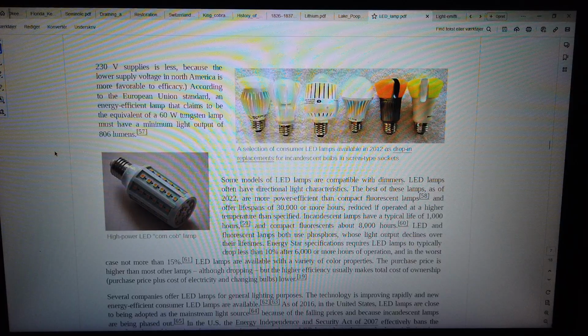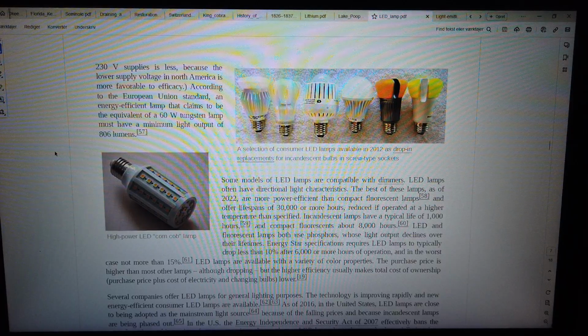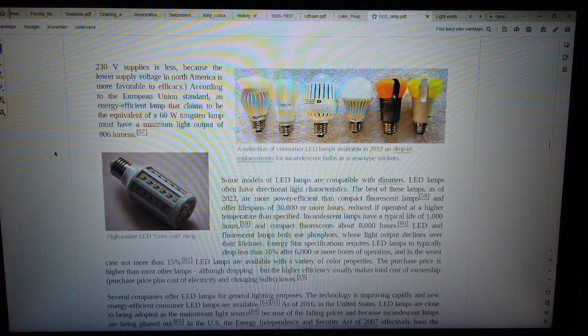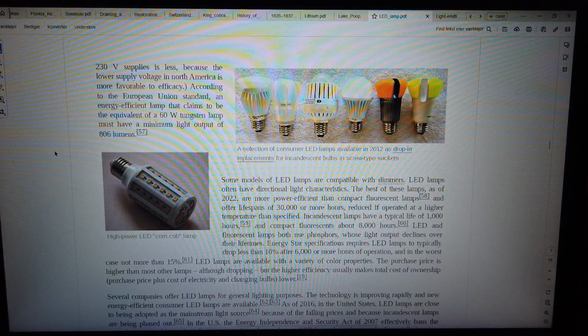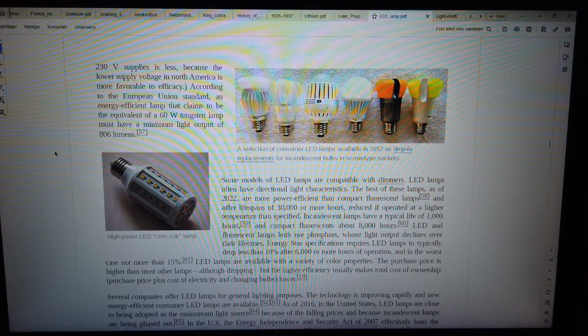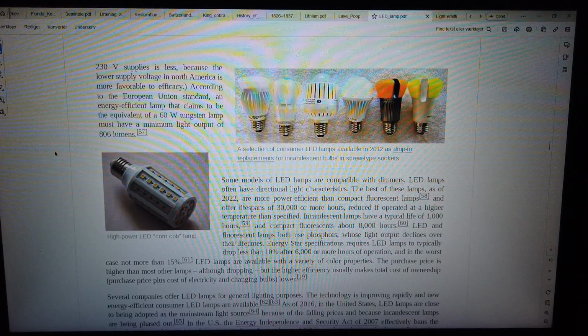Efficacy of incandescent lamps designed for 230V supplies is less, because the lower supply voltage in North America is more favorable to efficacy. According to the European Union standard, an energy-efficient lamp that claims to be the equivalent of a 60W tungsten lamp must have a minimum light output of 806 lumens.